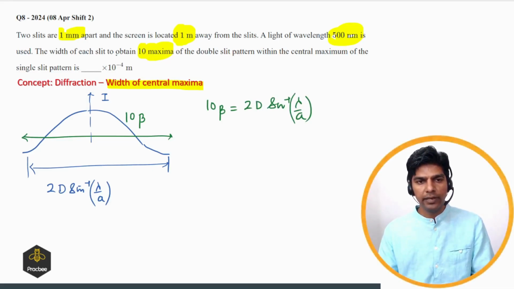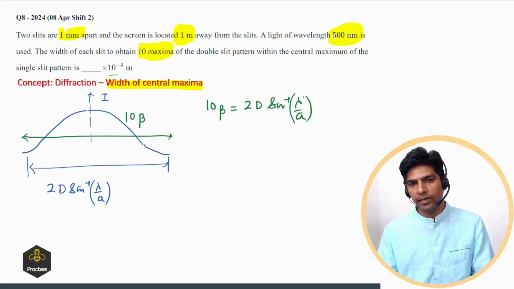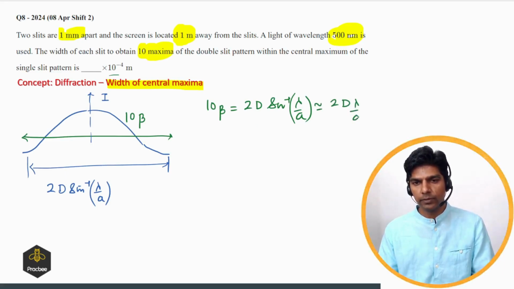Now if you compare the wavelength lambda and a, we have to find the slit width, and it is of the order of 10 raised to power minus 4. Compared with the wavelength, lambda by a is very small, so the angle will be very small, so this can nearly be equal to 2 times D lambda by a.